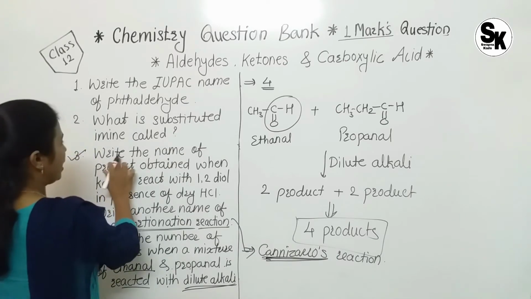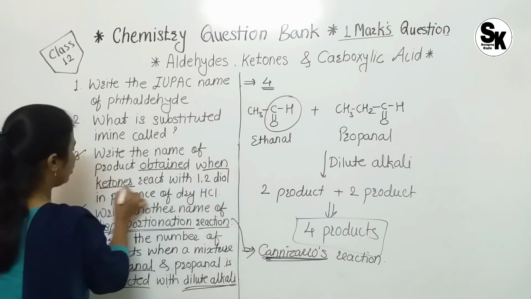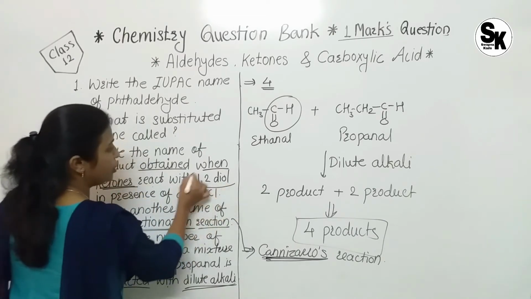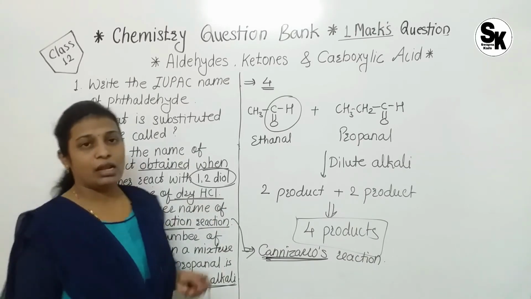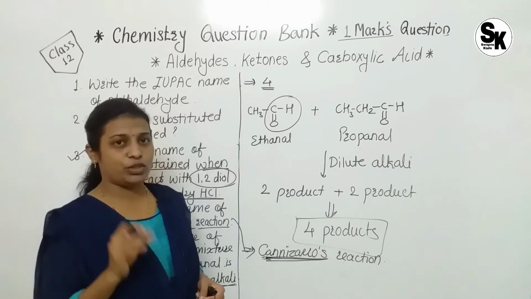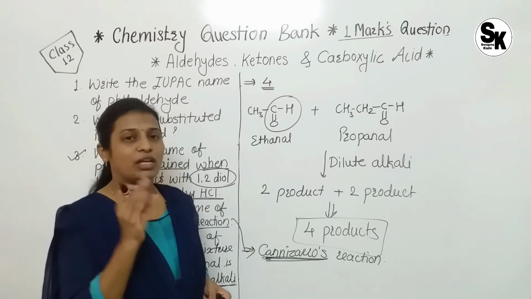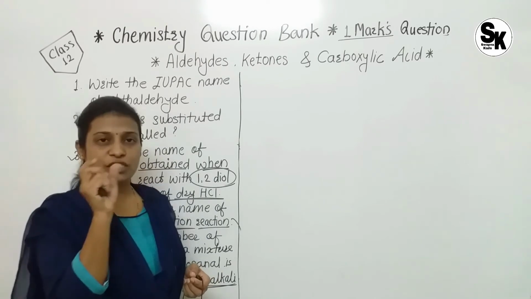Next question. Write the name of the product obtained when ketones react with 1,2-diol in presence of dry HCl. For that purpose, first the reaction mechanism, and finally I will tell you the proper answer, meaning how much answer should be written by us. In this question, they have not given the specific name of the ketone.